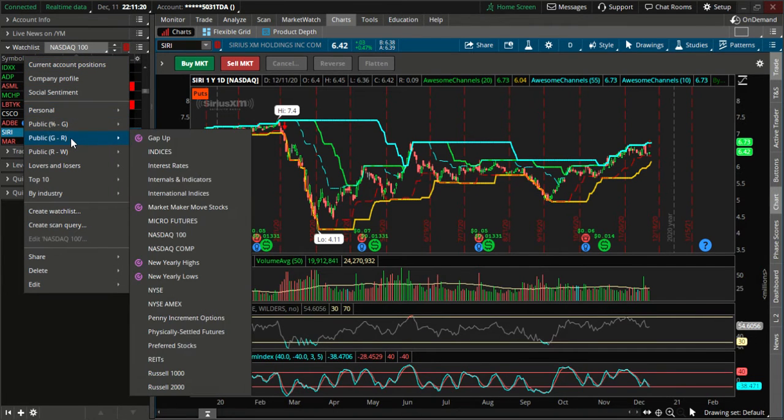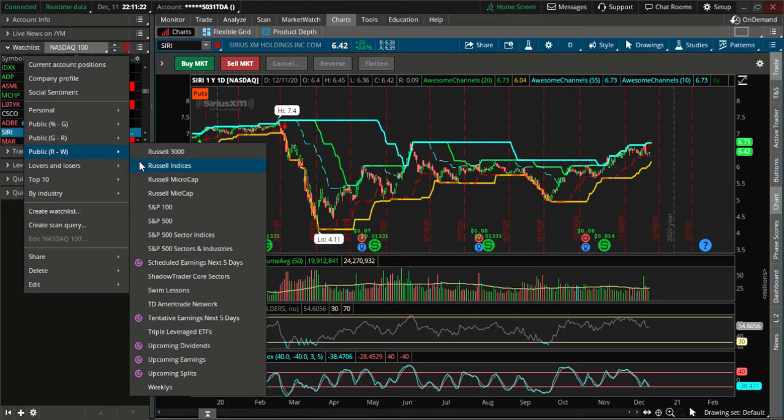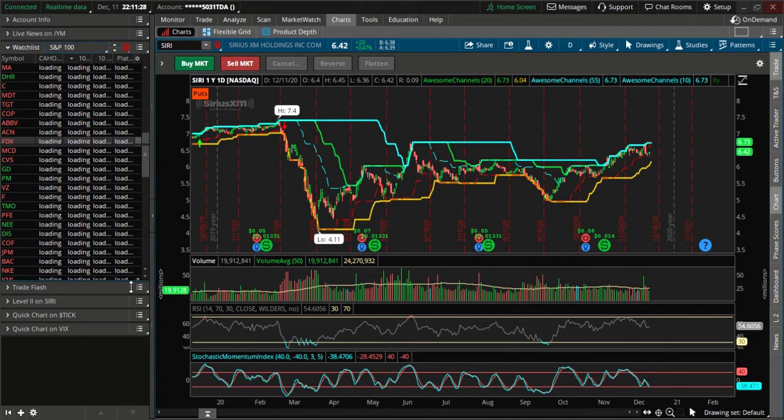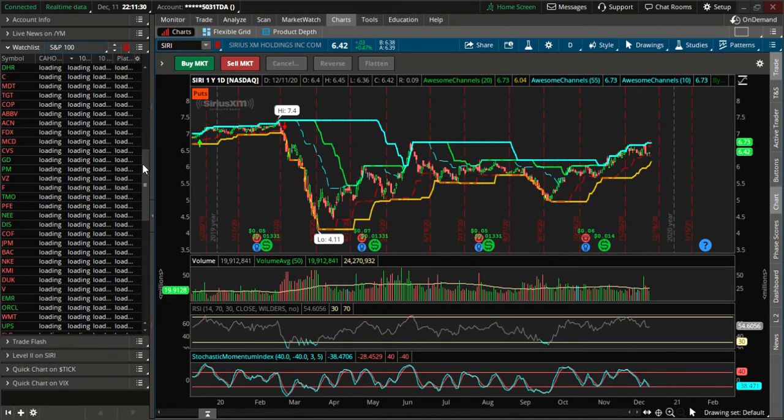So let's go to the public again. Let's go to the S&P 100, the top 100 companies in the S&P 500. Give it some time to load.